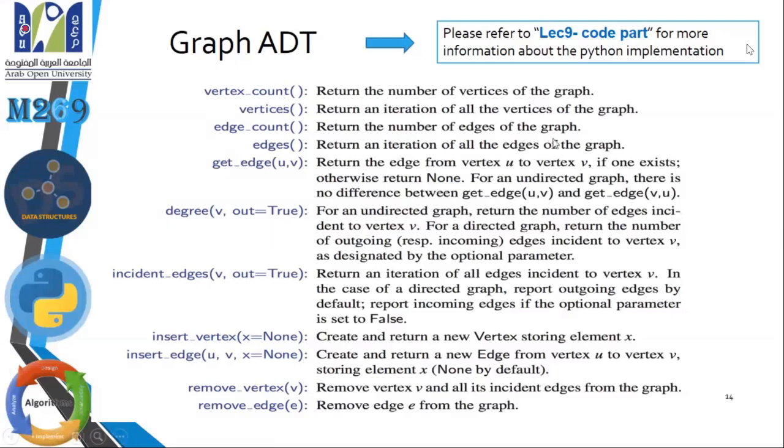For example, vertex count returns the number of vertices of a graph. You remember in stack and queue we have pop and enqueue, push, is empty, length, and so on. So those are a number of methods that can be applied.